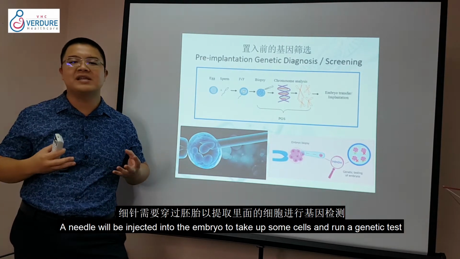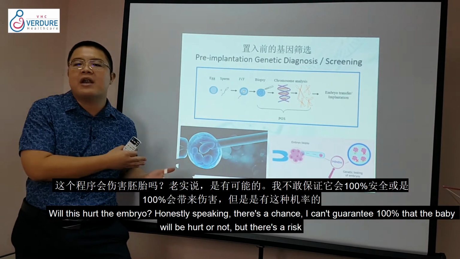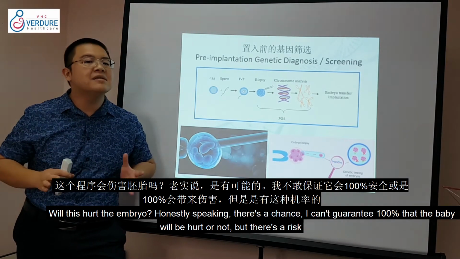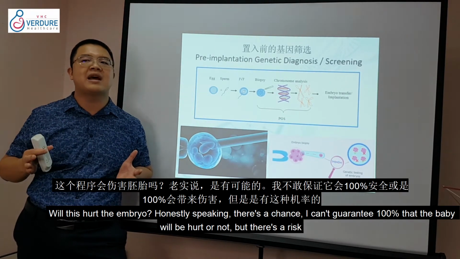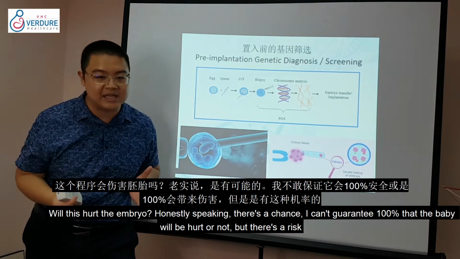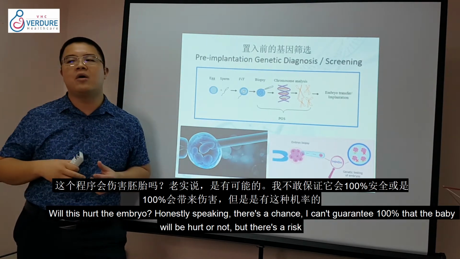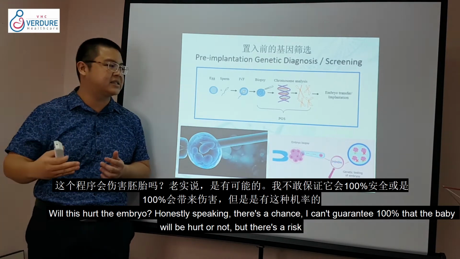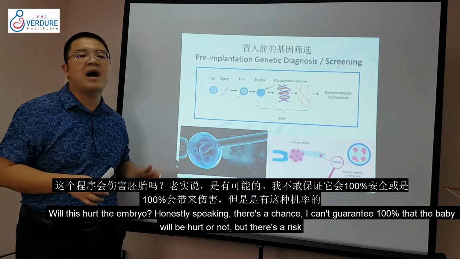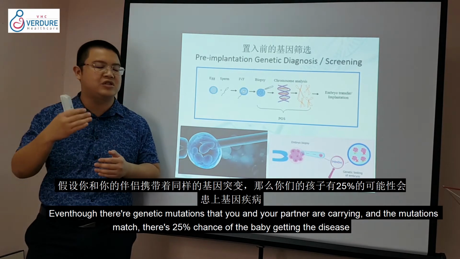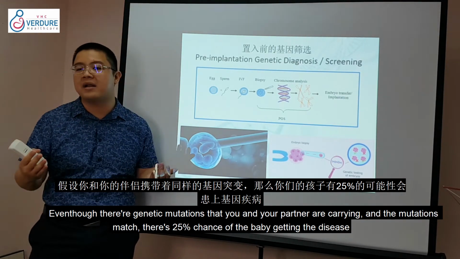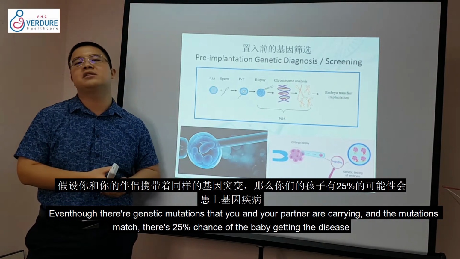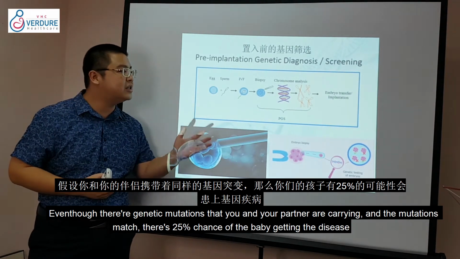So when you hear this, you might be worrying, will that hurt my embryo or baby? Honestly speaking, there is a chance. I can't guarantee 100% that the baby will be hurt or 100% that the baby won't be hurt, but there is a risk. So even if there are genetic mutations that you and your partner are carrying, matching ones, and there's a 25% chance of the baby getting the disease, you need to go for this.